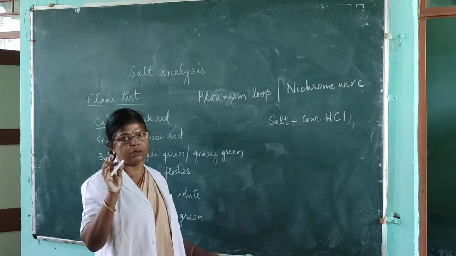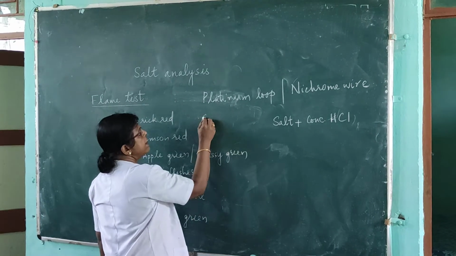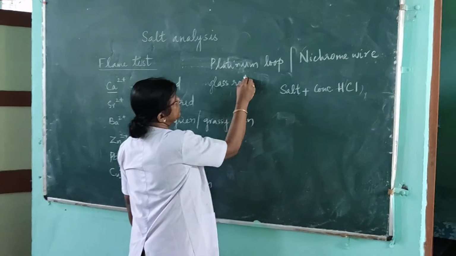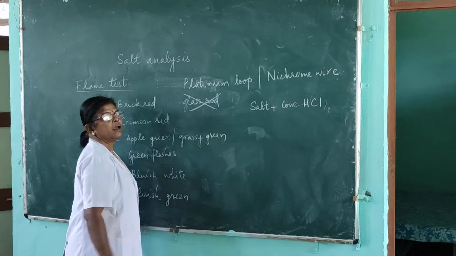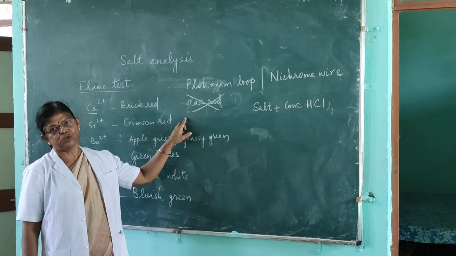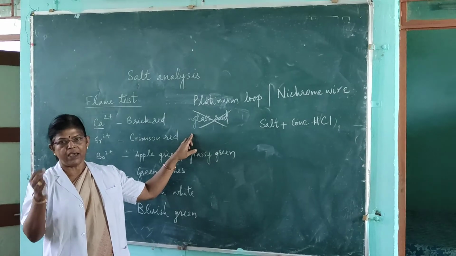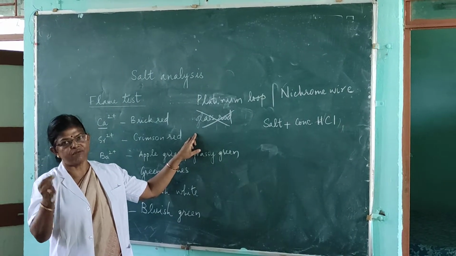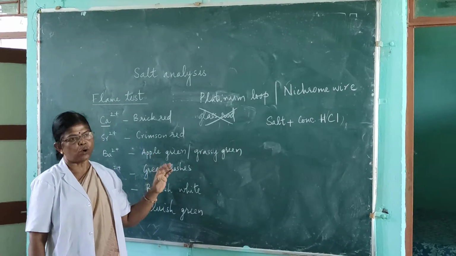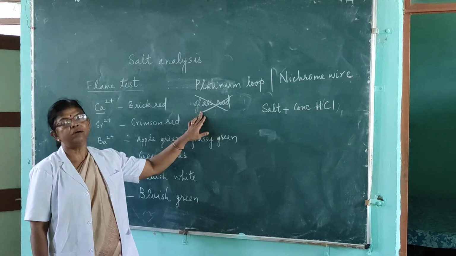You should not do the flame test with a glass rod, because glass contains sodium silicate, which will give a golden yellow color to the flame due to the presence of sodium ions. So ideally we should not use a glass rod.